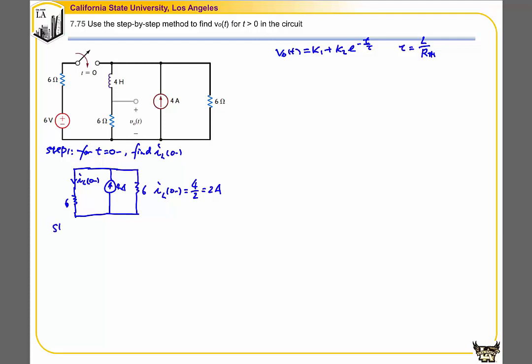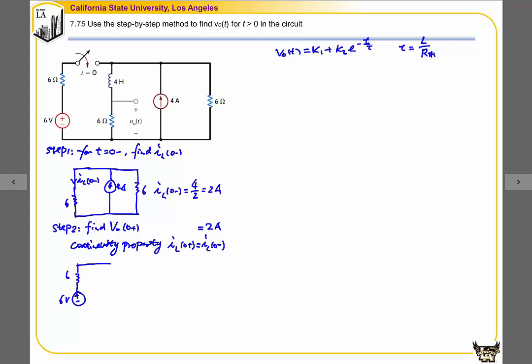And step 2, we're going to find the initial condition, v0(0+). Over here we have to use the continuity property of inductors. We know that IL(0+) is equal to IL(0-), which is equal to 2 amp. Let's draw the circuit again. At time t equal to 0 plus, we know the switch is closed, so we have a circuit like this.